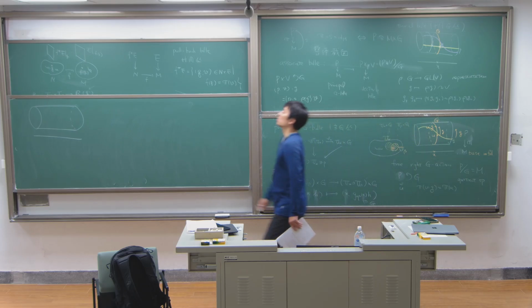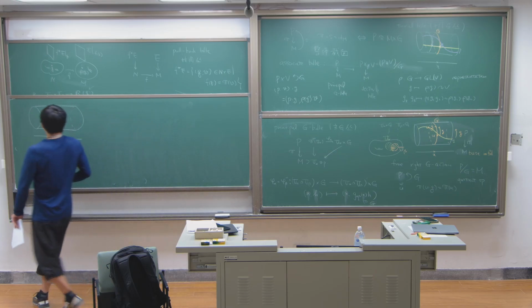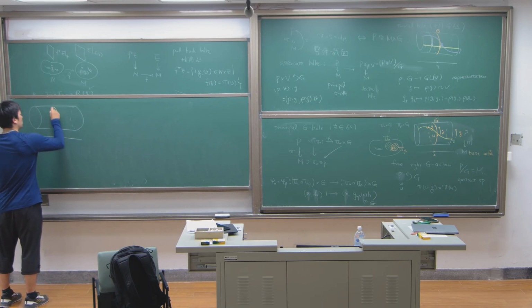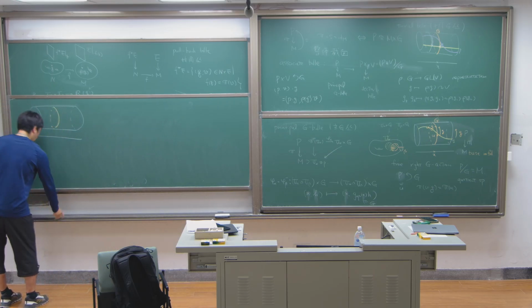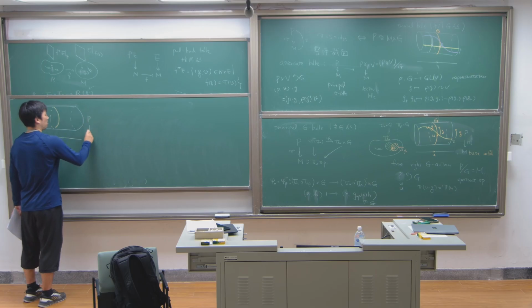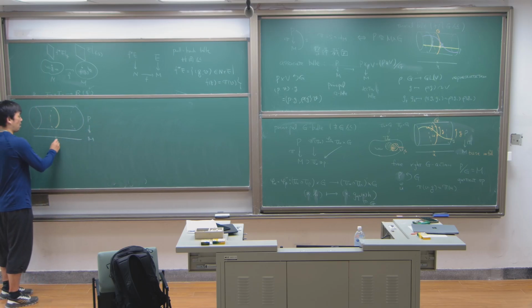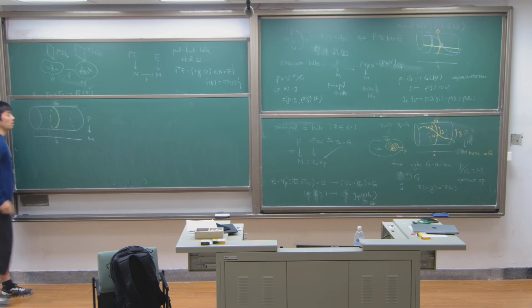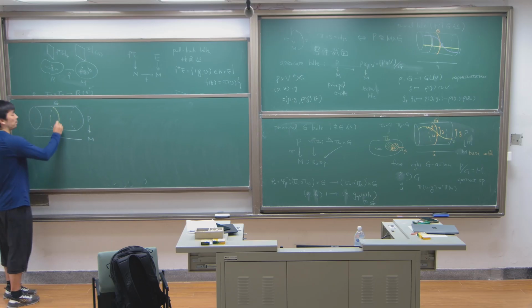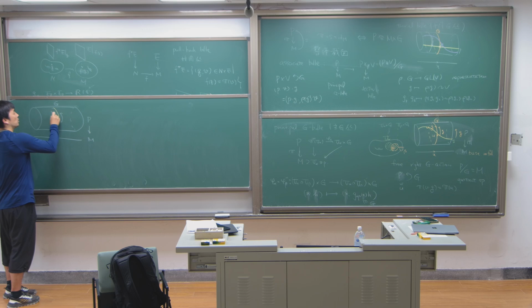if you have a principal G bundle, P to N, at each point you have the fiber G. Then pick a point p, you have a right G action, p dot g.